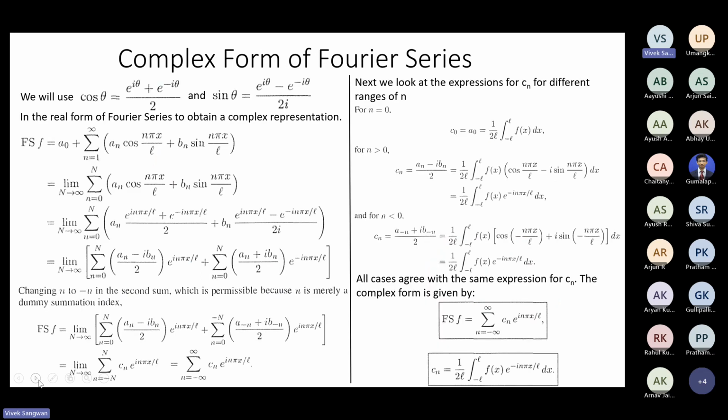And then we went on and in the Fourier series expressions, we substituted cosine and sine with their complex exponential forms. We did the algebra, or I did not do most of it. You can read it here. It's straightforward. We were able to show that as opposed to the real form, where the Fourier series has different formulae for the constant, the coefficient of sine and the coefficient of cosine, in complex form the Fourier series can be written as a weighted sum of complex exponentials of different frequencies, n pi x by L, where n goes from minus infinity to infinity.